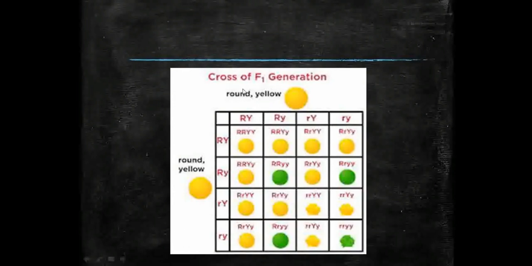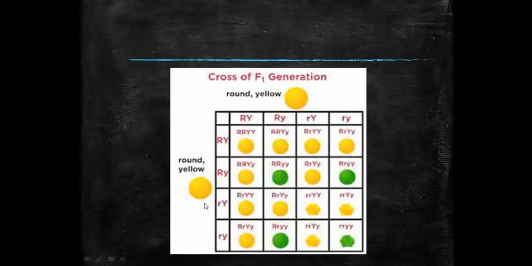This is a cross of the F1 generation. After getting the F1 generation, he saw these seeds were round yellow, because the dominant trait appeared in the F1 generation.